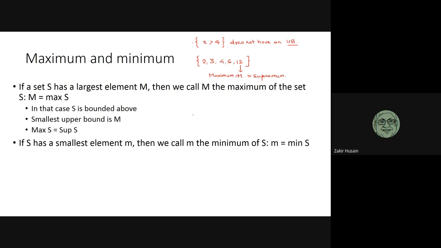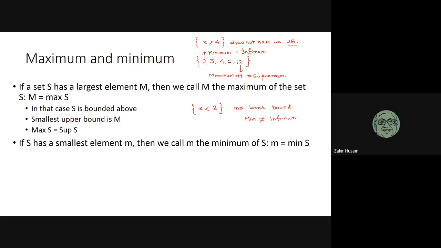Now, if we look at the minimum of sets, again, if you go back to this set, this is the minimum. It has a lower boundary. In this case, the minimum is equal to the infimum. On the other hand, if we look at this set, it is not bounded from below. There is no lower bound. And therefore, the minimum is not equal to infimum. In fact, infimum doesn't exist.